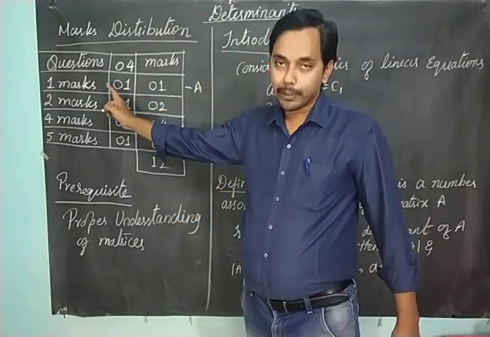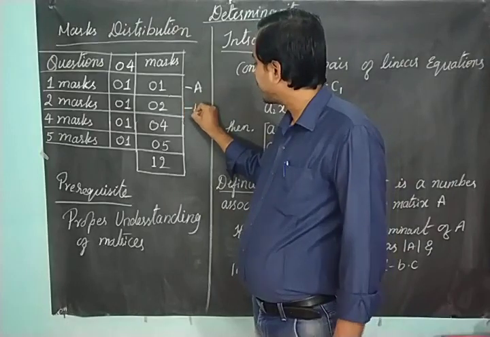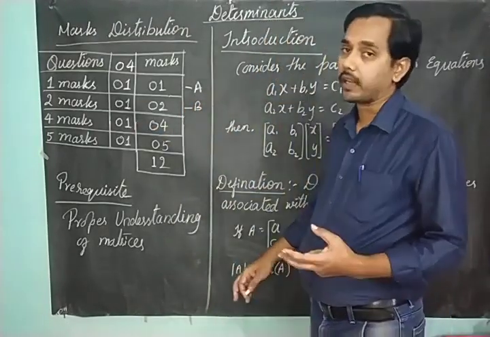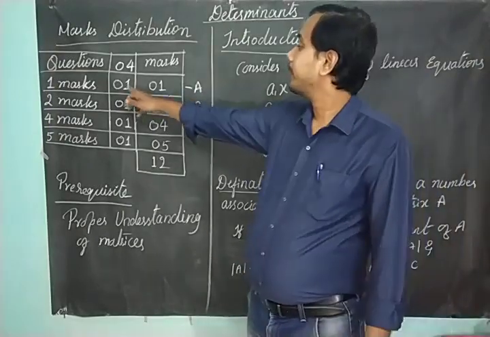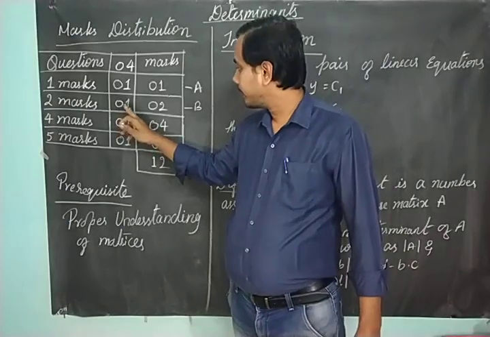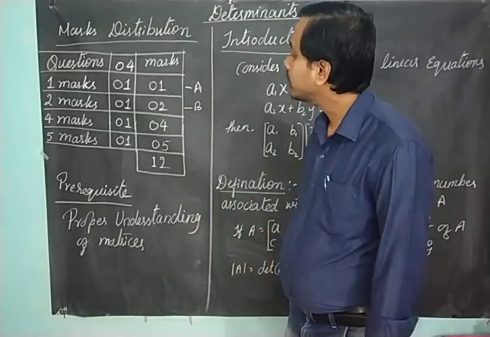In part A you will get 1 question of 1 mark, and in part B you will get 1 question of 2 marks. So the total marks count in part B is 2.